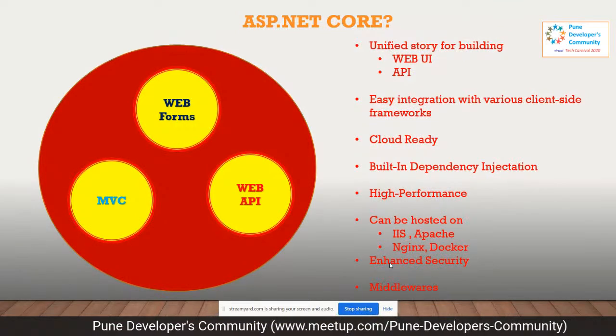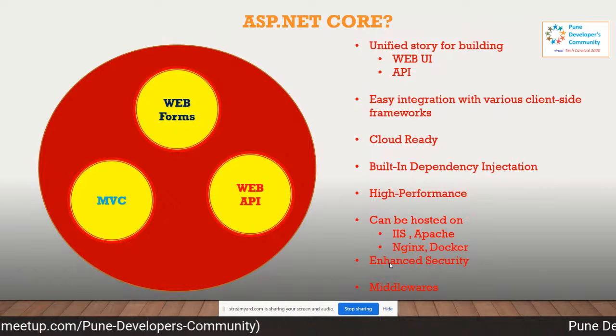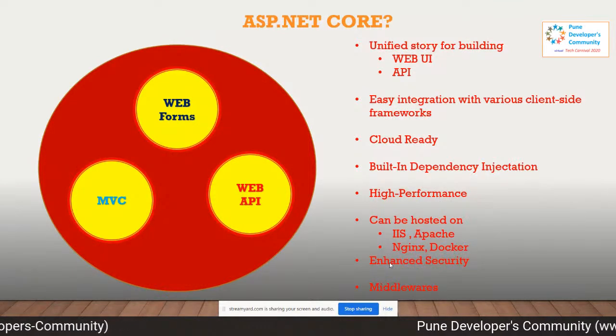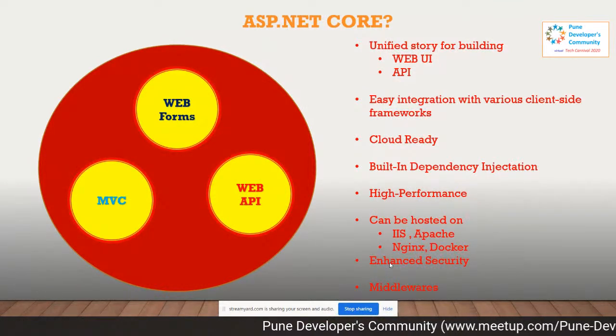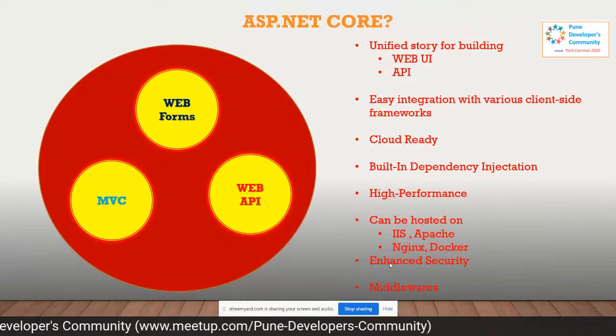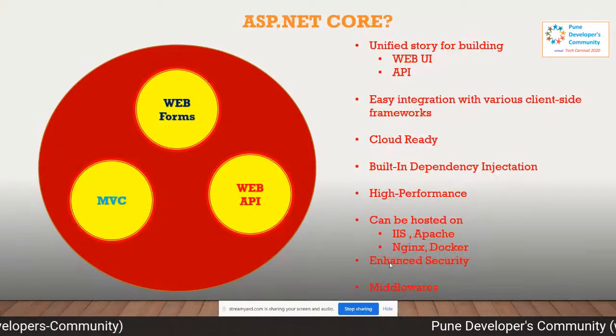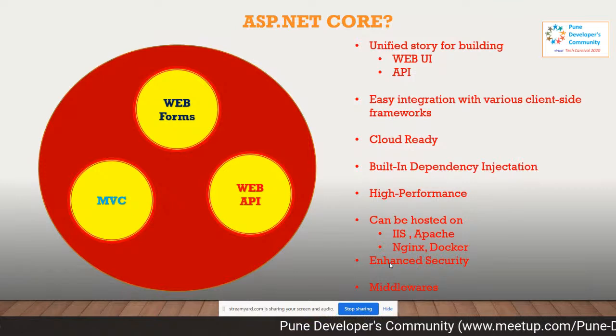And it is our responsibility to appropriately make use of this object model while working with the application. That's the reason we say that ASP.NET Core is a unified story for building the web UI and the APIs, right?